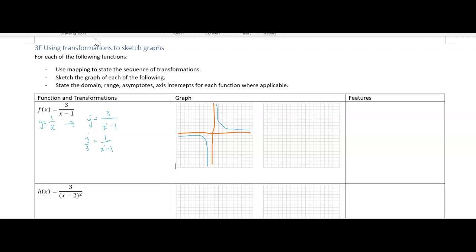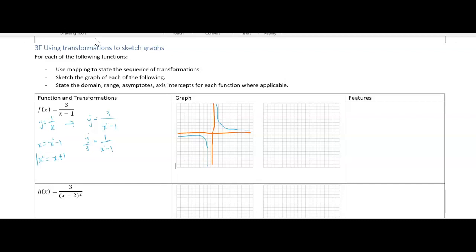We've got 1 over x here, so in the image function we want it to be 1 over something, and then it's easier to see what your transformations are. So x dash minus 1 is y, so x dash is equal to x plus 1.